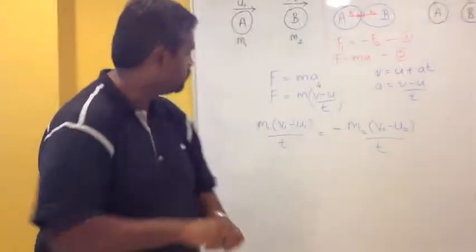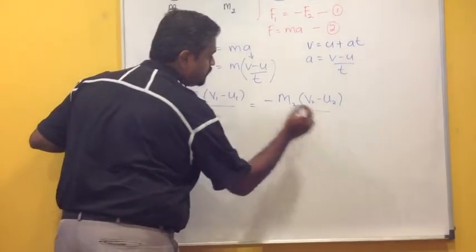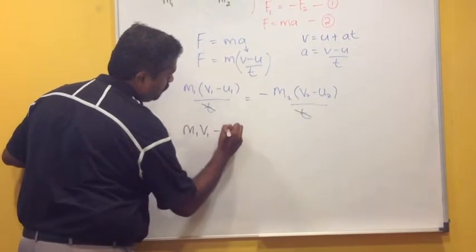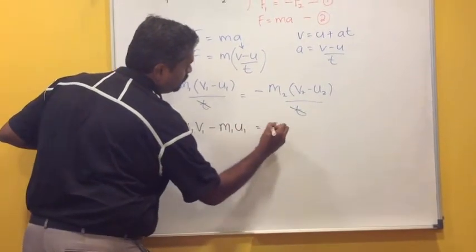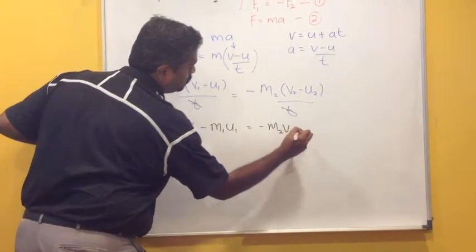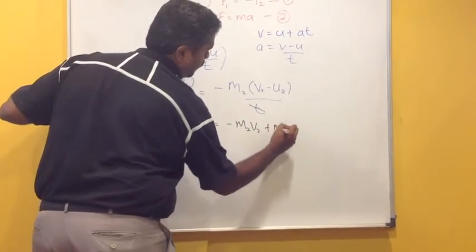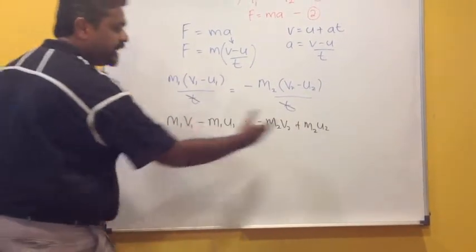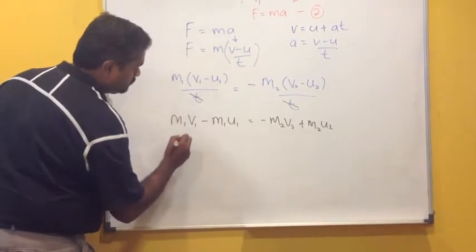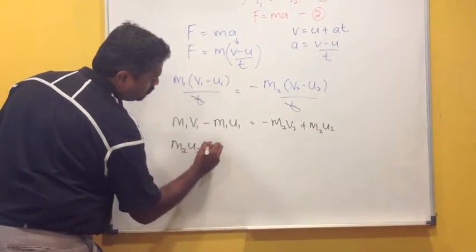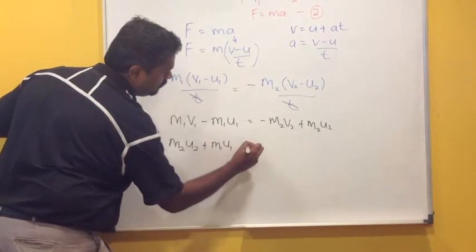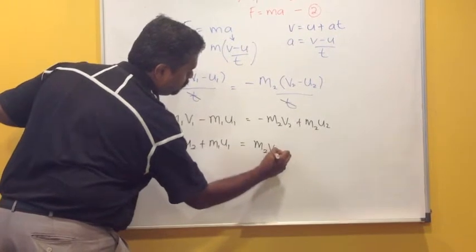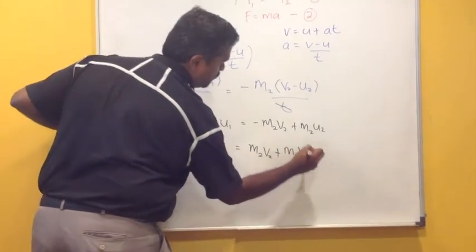Okay, now cancelling these two t's, we should get m1v1 minus m1u1 equals negative m2v2 plus m2u2, which basically means, rearranging the terms here, one would get m2u2 plus m1u1 equals m2v2 plus m1v1.